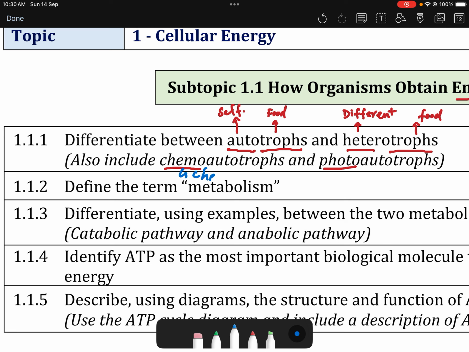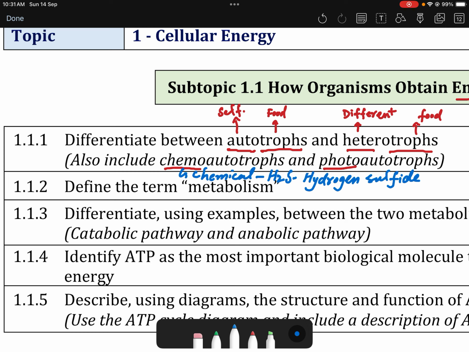Chemo is for chemicals, and autotroph we learned. Which chemical is it? H2S, and H2S stands for hydrogen sulfide. So those organisms who use hydrogen sulfide to obtain their energy are called chemoautotrophs.